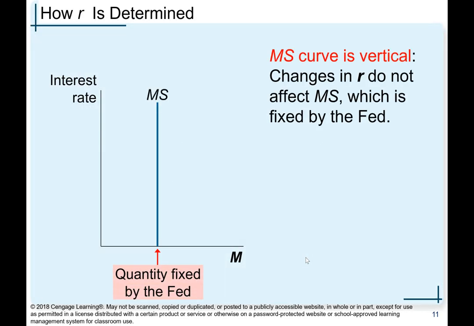How is R determined? Here is the money market. Interest rate is measured on the vertical axis, and quantity of money is measured on the horizontal axis. Money supply is vertical. Changes in interest rate do not affect money supply, which is fixed exogenously by the Fed.